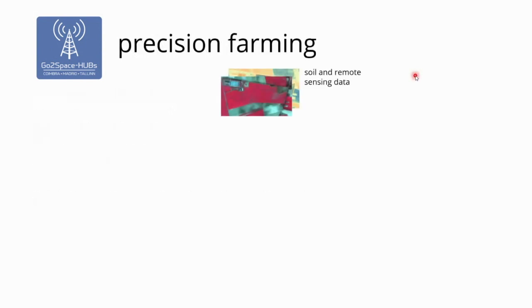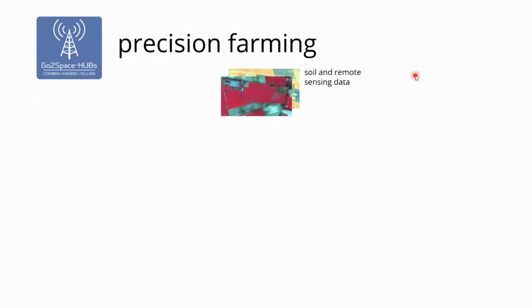Let's start with precision farming. That's quite a new idea, and it's a concept. It's an approach to farming where we use our products, like fertilizers, like plant protection products, only in the amount needed, when and where it's needed.